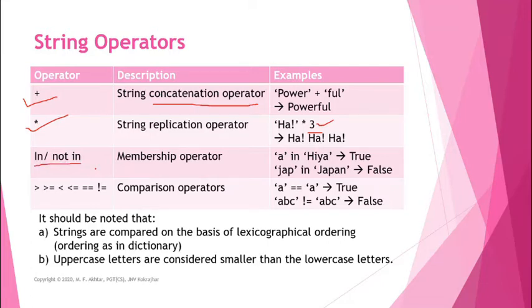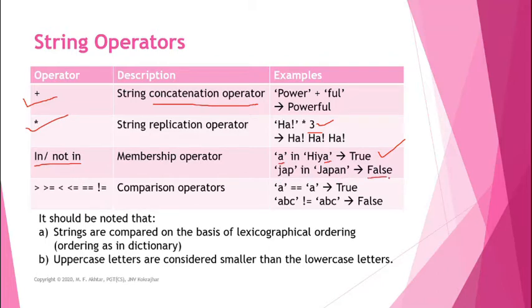In and not in are known as membership operators. What they do is check whether a particular character, word or sub part is available in the given string or not. For example, we have given a in here. Yes, the letter a is available in here, so it is true. Here, Jap is in Japan.